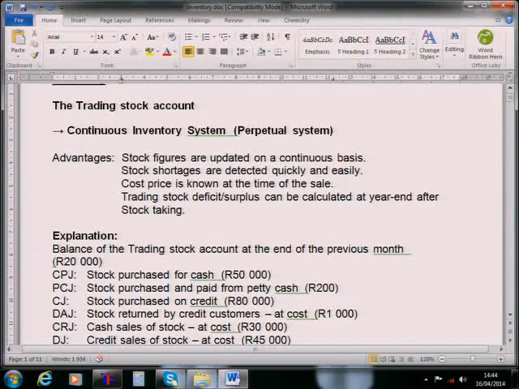At the moment that you've got your trading stock, then you basically work with your perpetual system. I think the biggest advantage is that you know the cost price, and because you know the cost price, you are going to show that your trading stock goes out of the business at cost price, and then you can calculate your trading stock deficit or surplus.